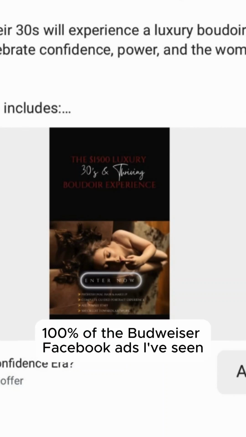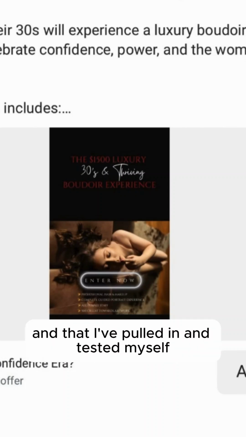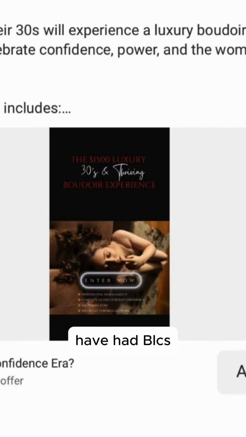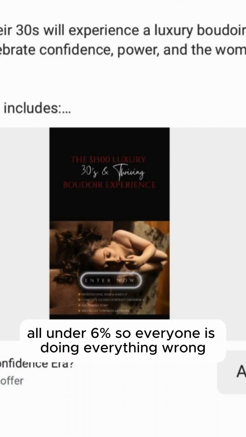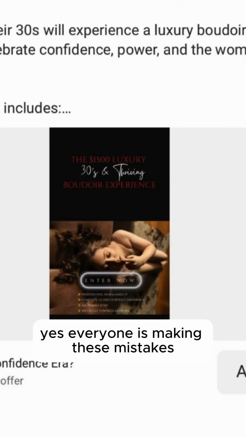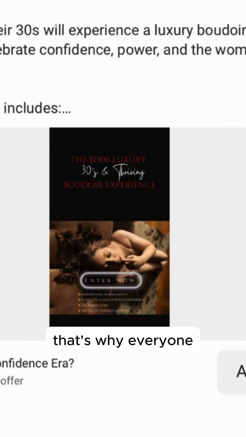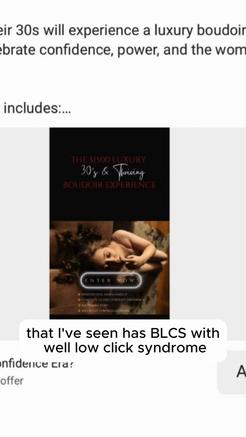Well, 100% of the Boudoir Facebook ads I've seen the back end for and that I've pulled in and tested myself have had BLCS, Boudoir low click syndrome, with a unique CTR under 6%. So everyone is doing everything wrong. Yes, everyone is making these mistakes. That's why everyone that I've seen has BLCS.